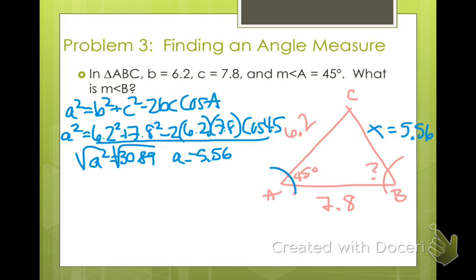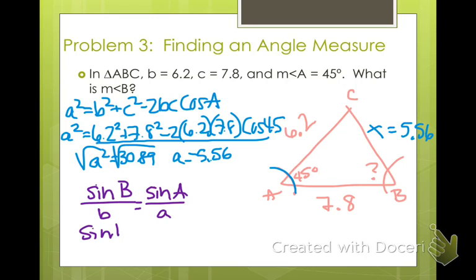So by using the law of sines, I'm going to do the sine of b over side b equals the sine of a over side a, because we have enough information to do that.